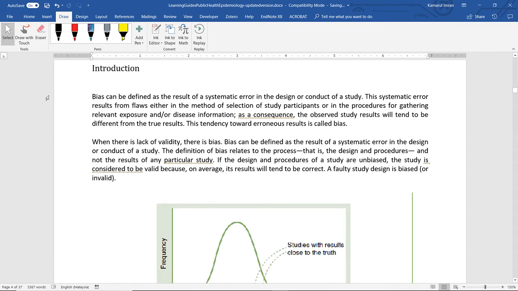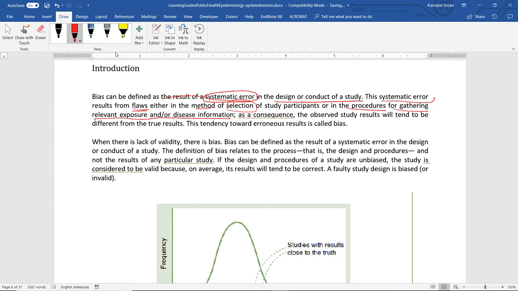So bias can be defined as the result of systematic error. Okay, this is very important. Systematic error in the design or conduct of the study. This systematic error results from flaws either in the method or in the procedures, so the method of selection and procedures for gathering data on relevant exposures and or disease information.